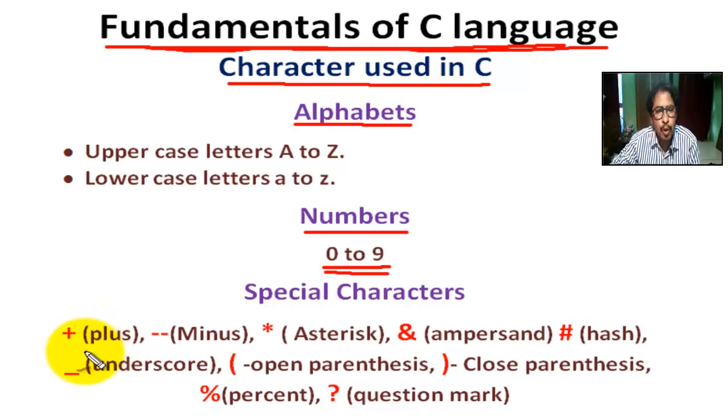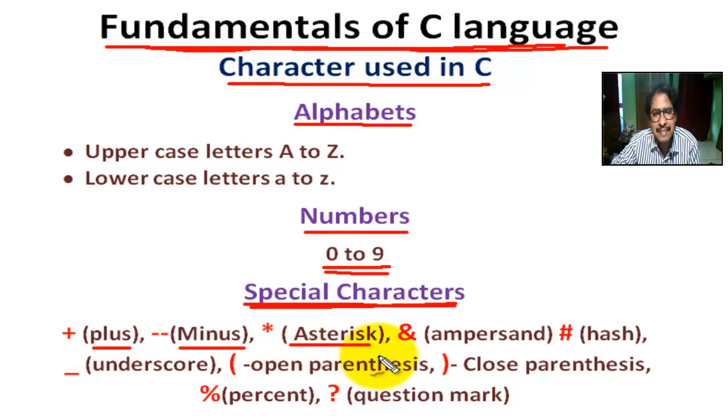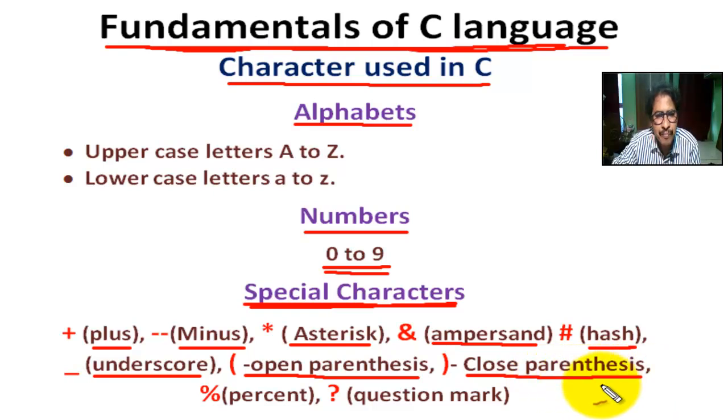For writing a program, we also use some special characters: plus, minus, asterisk, ampersand, hash, this is underscore, this is open parenthesis, this is close parenthesis, this is percentage, this is question mark. Okay.